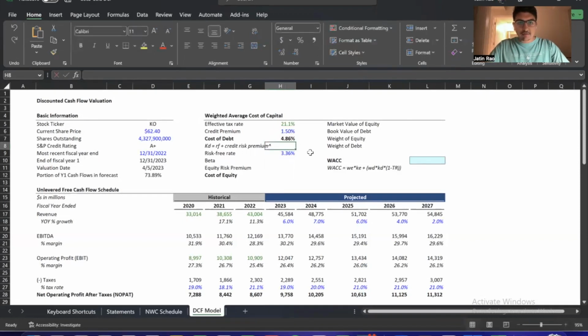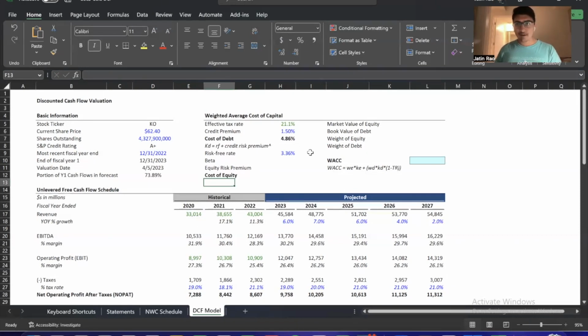So this is the fundamental formula. It is the risk-free rate plus some premium to account for the fact that giving cash in the form of debt to Coca-Cola is not a risk-free investment. Because it's risky, you can demand a higher expected return. So the cost to Coca-Cola is higher. If the return demanded by its investors is higher, the cost to Coca-Cola is also higher because it's a risky company.